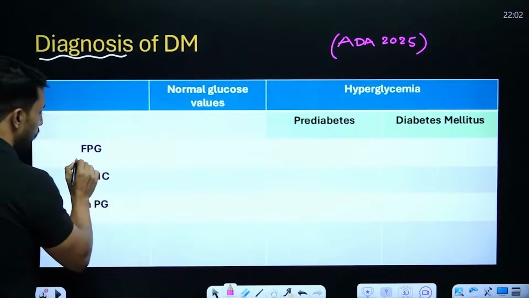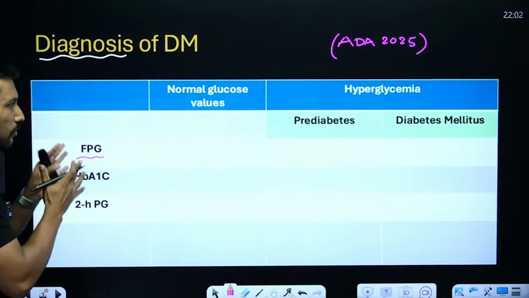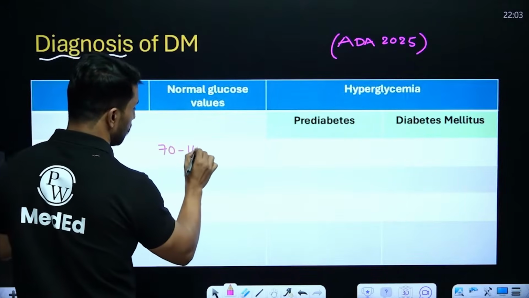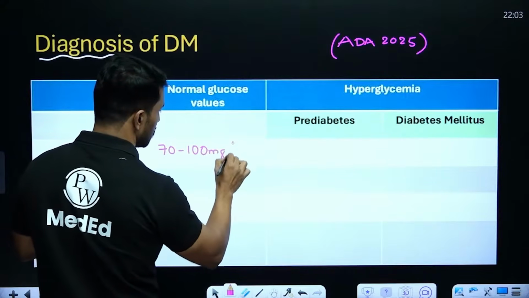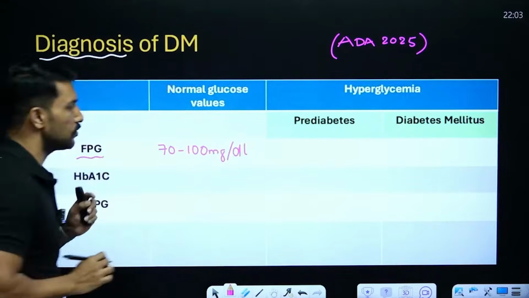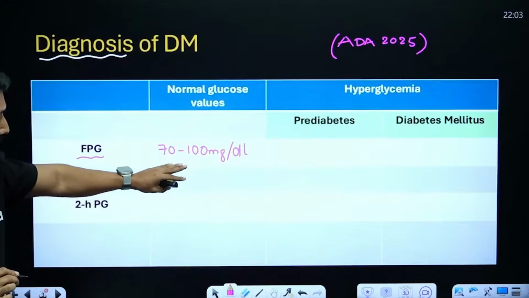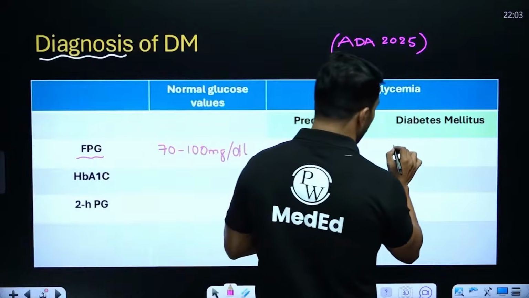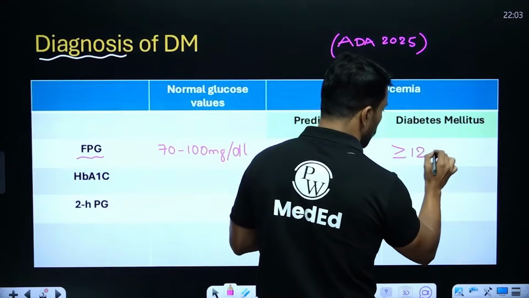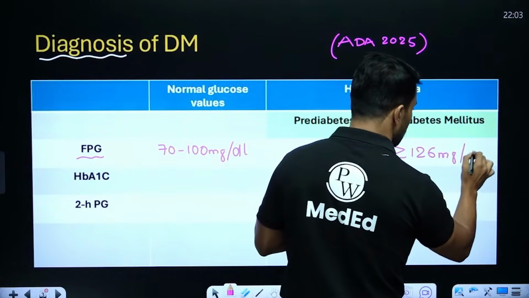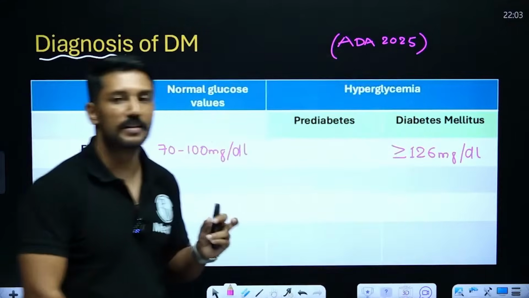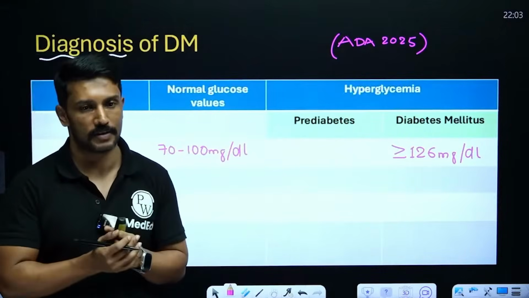Normal fasting plasma glucose values range from 70 to 100 milligrams per deciliter. If this fasting plasma glucose level is more than or equal to 126 milligrams per deciliter, we are going to call it diabetes.